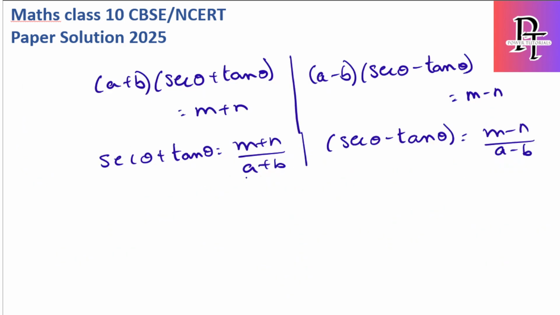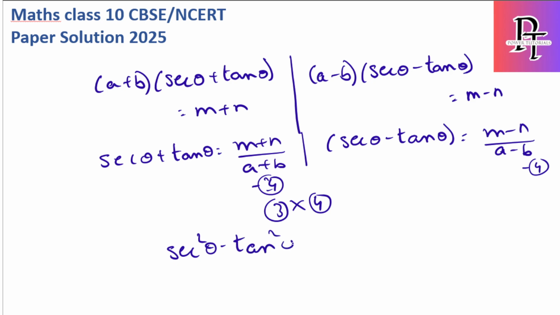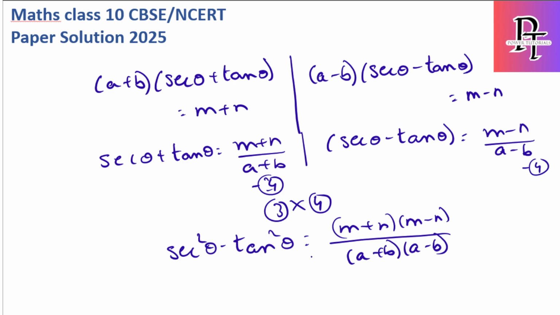But I told you the relation secant square theta minus tan square theta is equal to 1. So okay, let's assume this as 3, and this as 4, then 3 into 4. If I do, I will get A plus B into A minus B, which is secant square theta minus tan square theta is equal to M plus N into M minus N by A plus B into A minus B. This we know is 1, so simply I will move this to the right side.